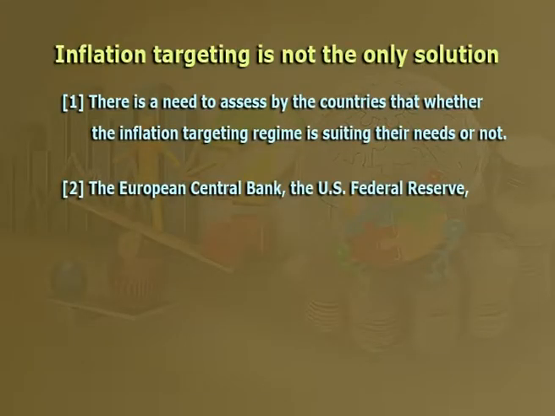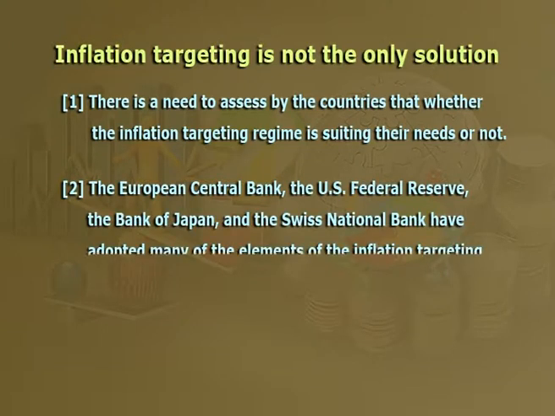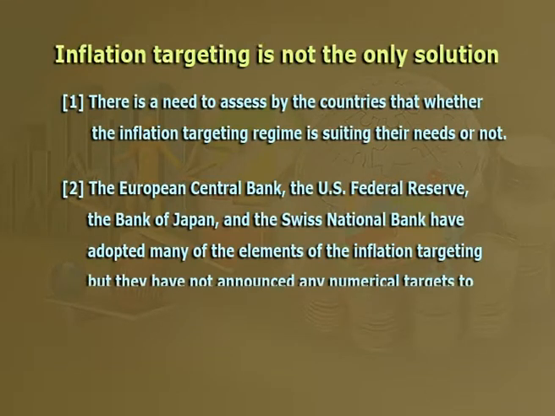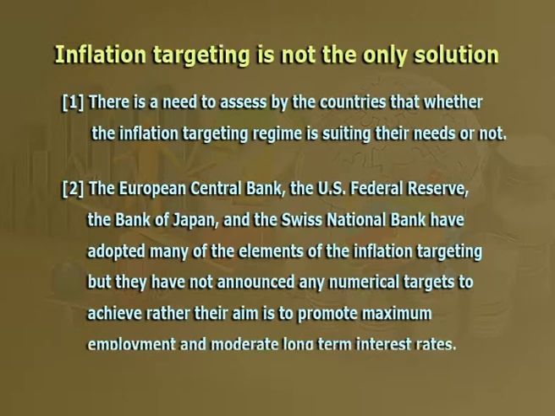Point number 2, the European Central Bank, the United States Federal Reserve, the Bank of Japan and the Swiss National Bank have adopted many of the elements of inflation targeting. But they have not announced any numerical targets to achieve. Rather, their aim is to promote maximum employment and moderate long-term interest rates.